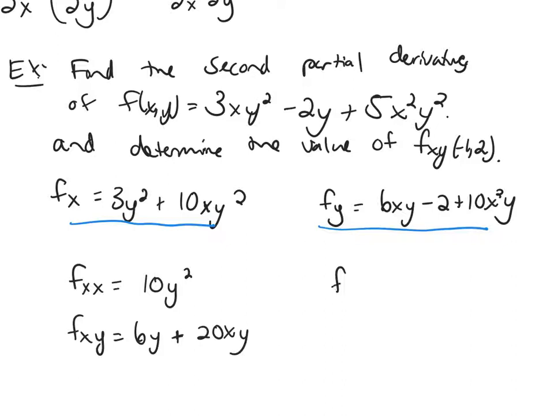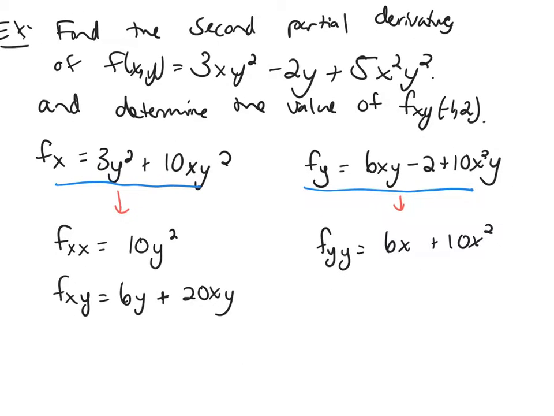Take your partial derivative with respect to y, and then take another partial derivative with respect to y. You'll get 6x plus 10x squared. And then take your partial derivative with respect to y, and then take the partial with respect to x. It'll be 6y plus 20xy.